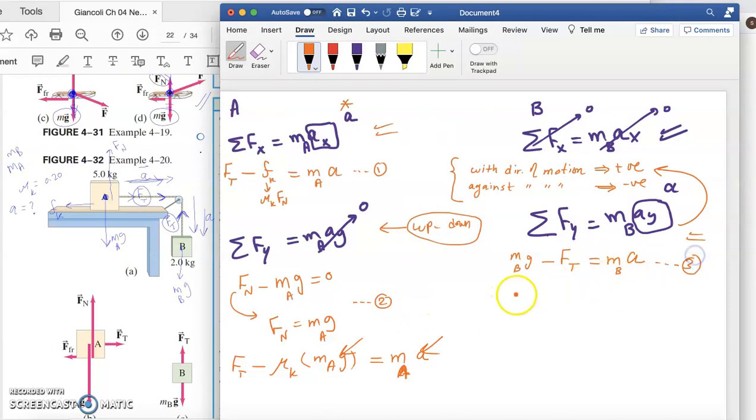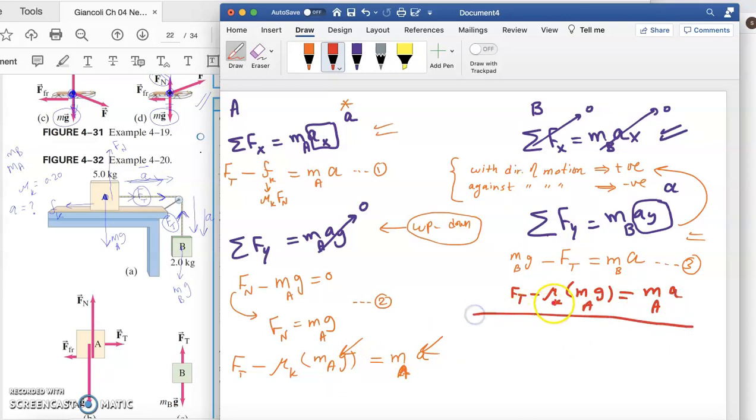Can we put them near to each other? Move this equation here. I will put it in a different color now. So this is our third equation, and underneath I will put Ft minus mu k mag is equal to ma, acceleration.